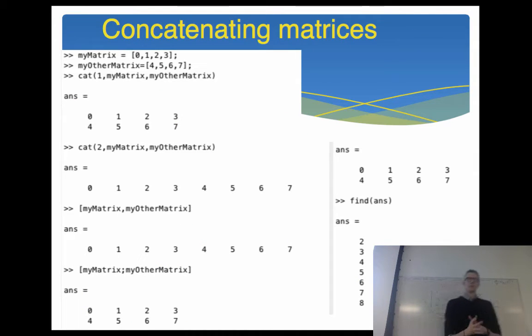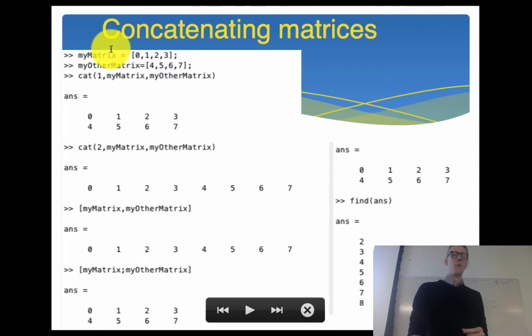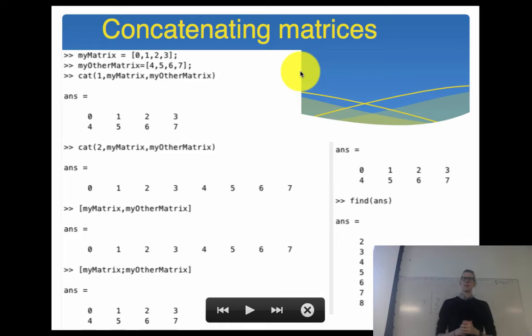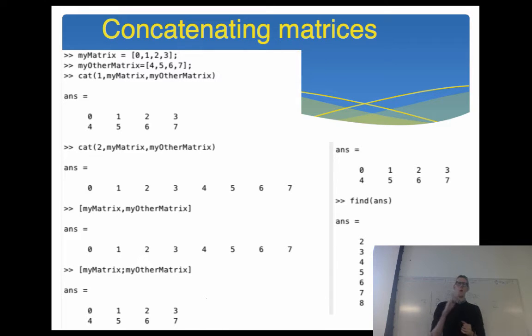Okay, so another thing that's very useful is that you can glue matrices together. You can concatenate matrices. There's a few different ways of doing this, and I'll first show you the cat function. So if I have one matrix that contains the numbers 0 to 3 and another matrix that contains the numbers 4 to 7, I can run cat, open some brackets, 1, comma, my matrix, comma, my other matrix.